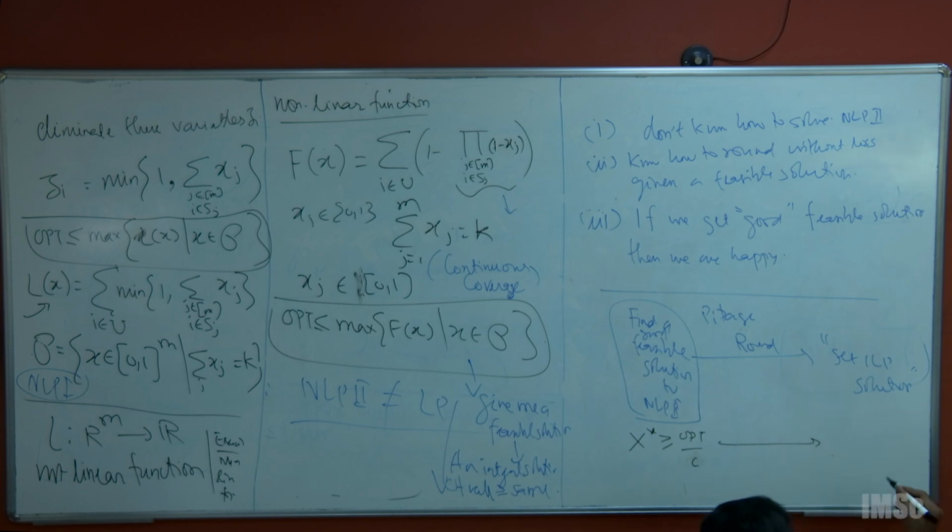An x integral with value at least opt by c. So what is the ratio of this approximation algorithm? It is c. So it is all about how good we are able to find this. Is that correct? So this is a prototype of an algorithm using Pipage rounding.